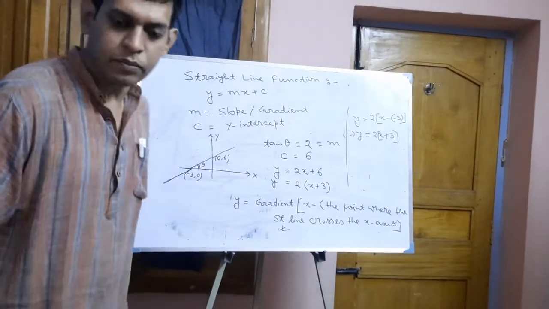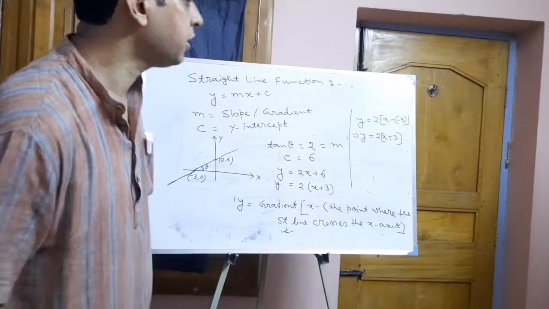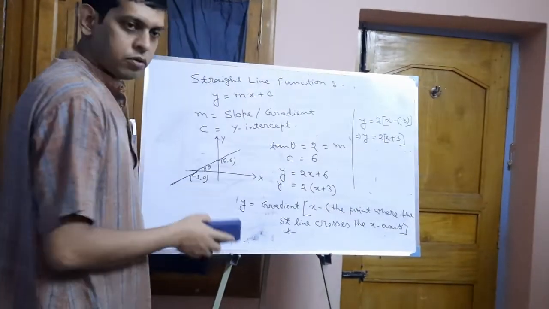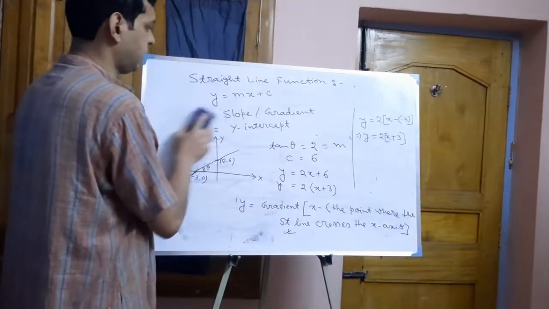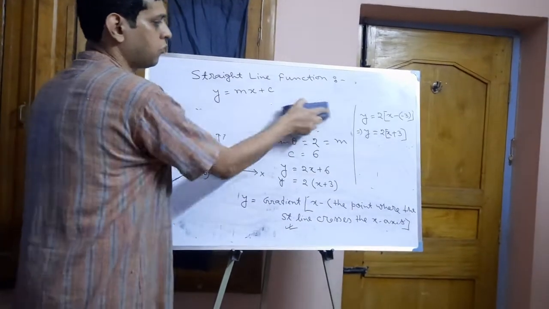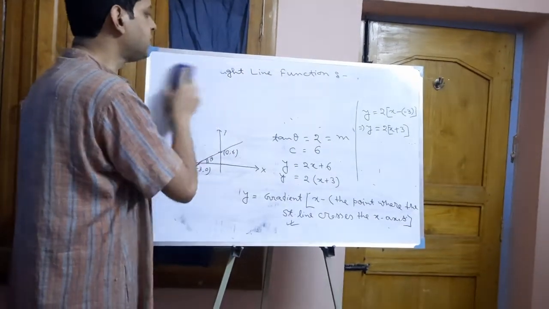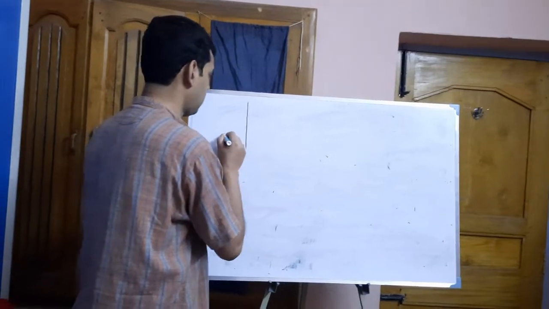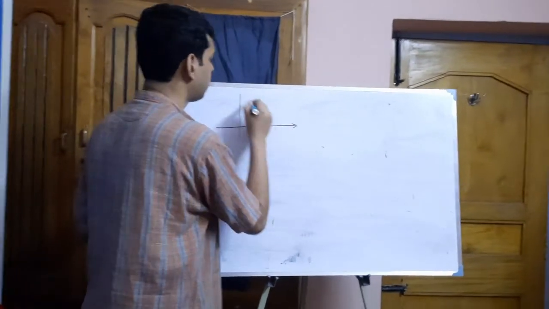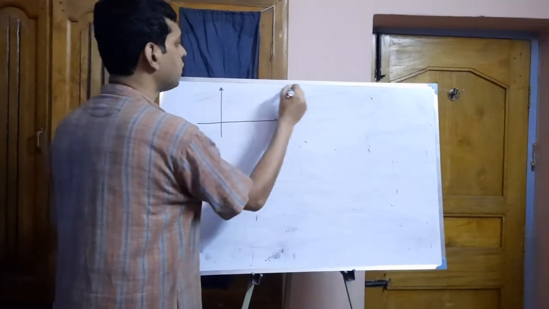Now in electrical engineering, one straight line function is called a ramp function. Now let us look at what a ramp function is.